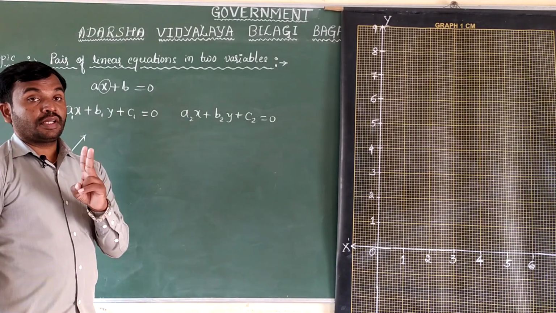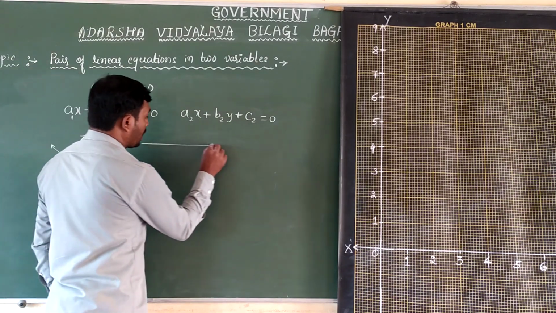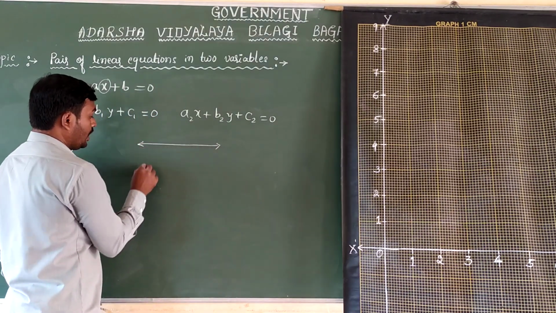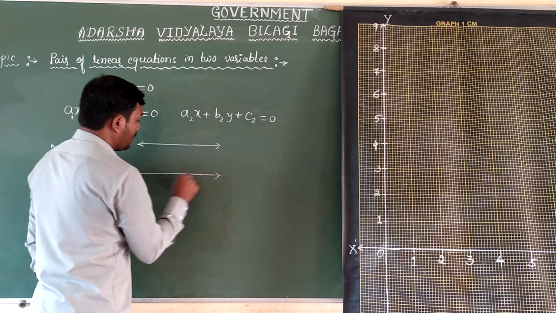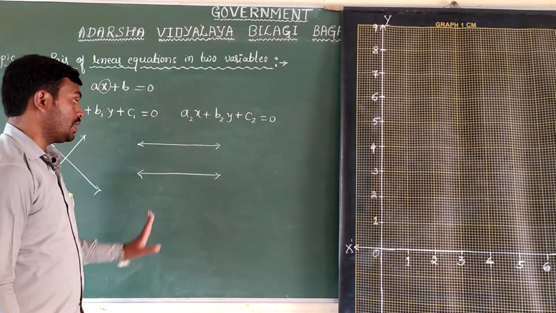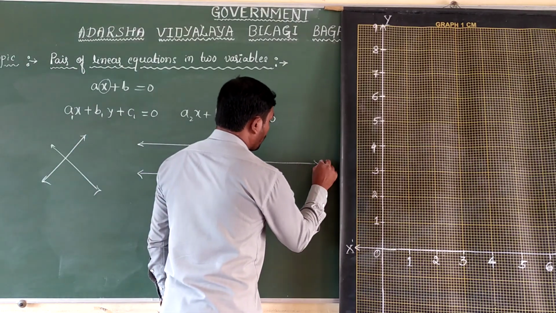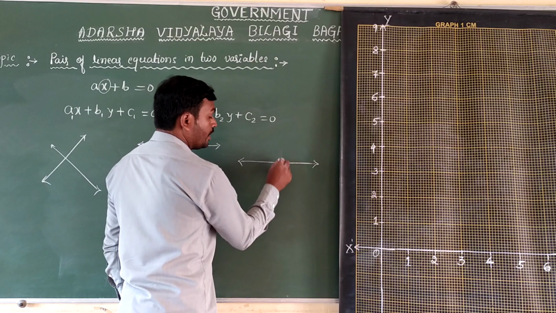The given pair of linear equations has only one solution. If two lines are parallel to each other like this, then the given pair of linear equations does not have any solution, children. Here, no solution.